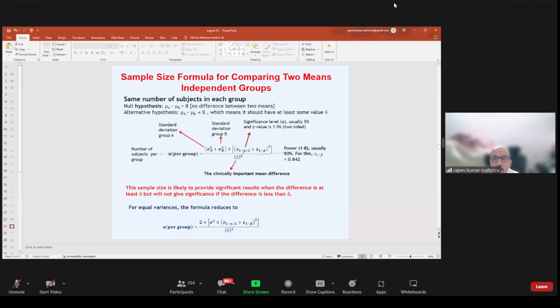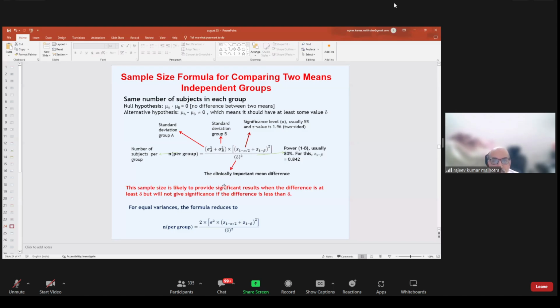So two things are important for this. This formula is based on the standard deviations in the two populations being equal, so you have to take care about this. If the populations have different standard deviations, then you use this formula.